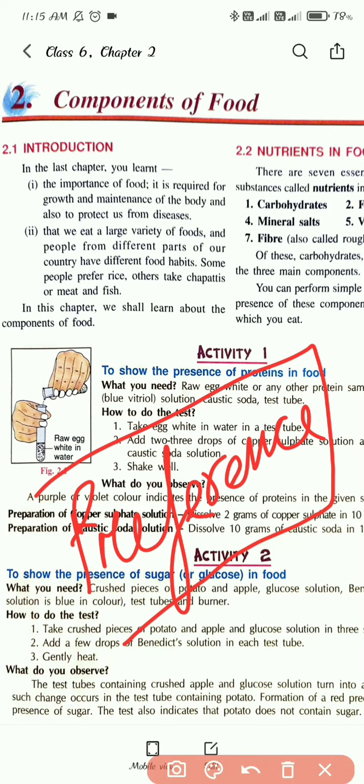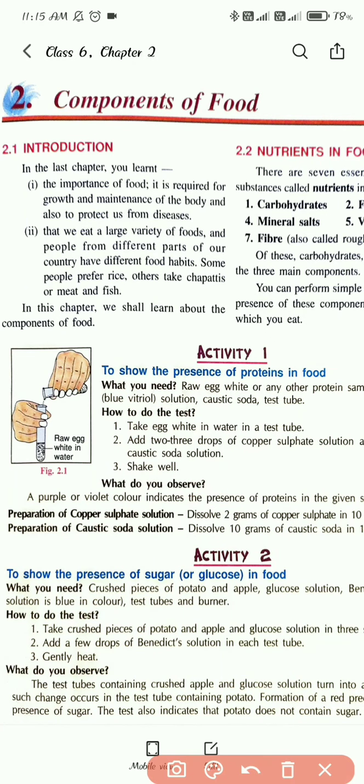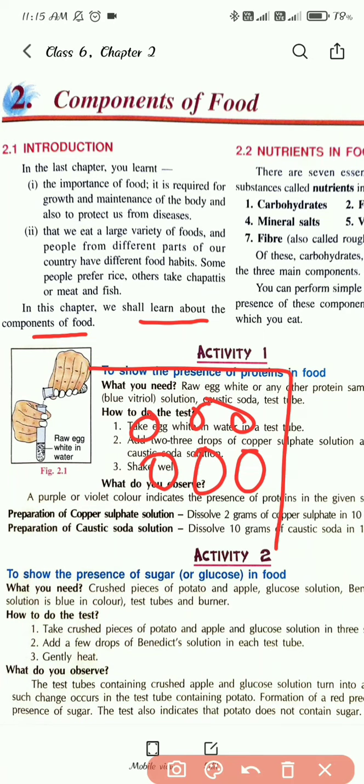This is also an important thing that we learned in our previous chapter. Okay, so in this chapter what will you learn? You will learn about the components of the food, all the different components present in the food. We'll learn about those components here.